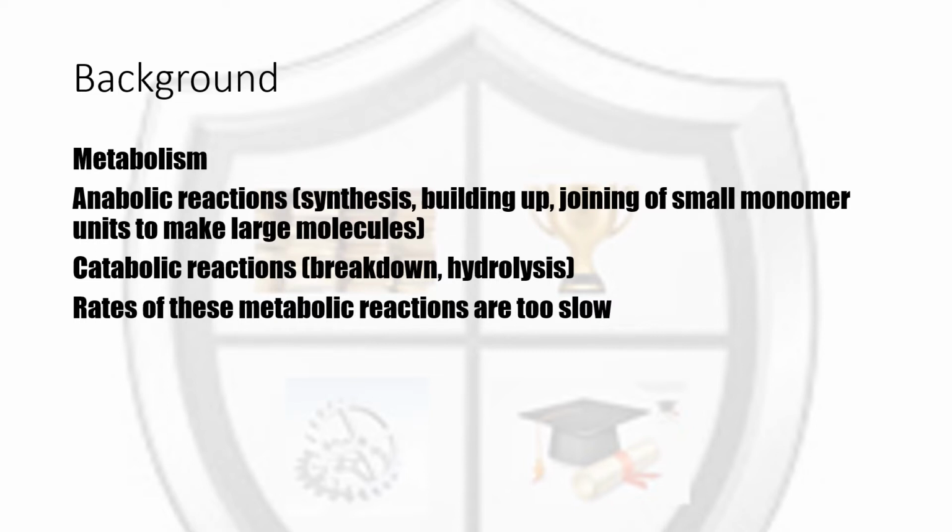So if we allow those reactions to proceed at their natural rates, they would proceed very slowly. So catalysts are therefore needed. A catalyst is a substance that speeds up the rate of reaction. So catalysts are therefore needed to speed up the rates of these metabolic reactions.